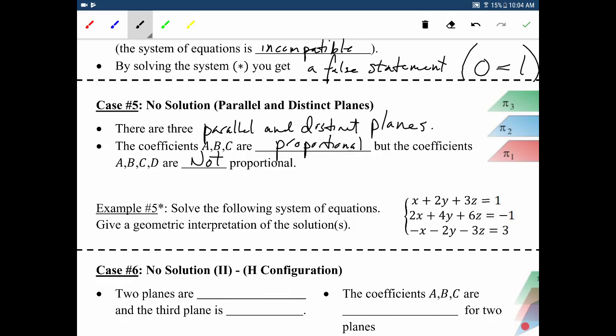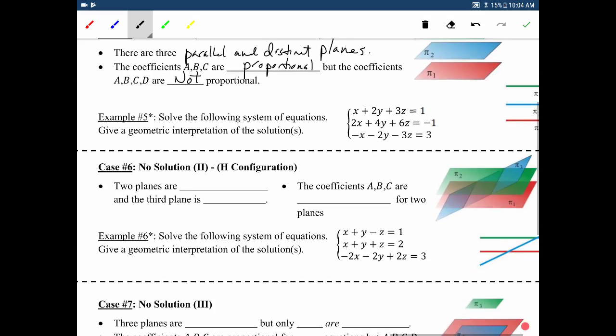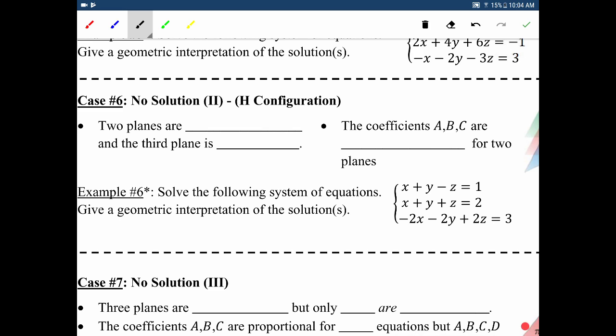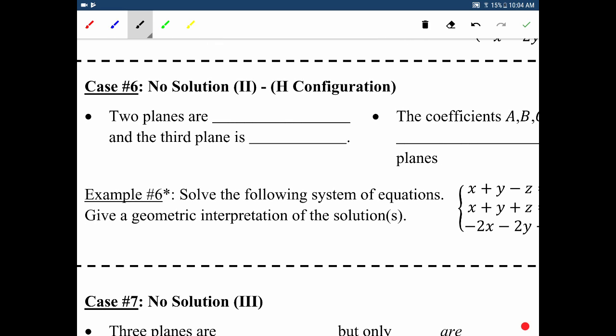All right. So the next possibility is that we have ourselves an H configuration. So 2 of the planes are parallel and distinct. Okay. And then the third one is intersecting.